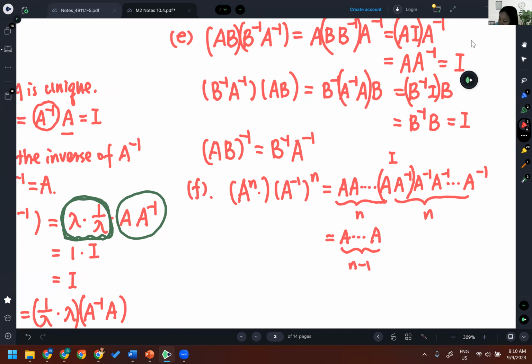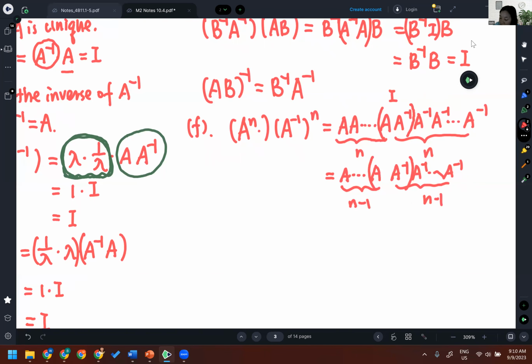This is I, this is I. And then you have A inverse, also n minus 1. And then you make them clash in the middle again, and then you get n minus 2. You know what I mean? So in the end, you will get A inverse, and then equal I.